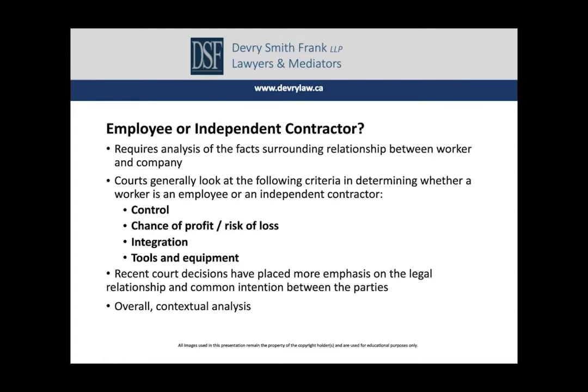Generally, the courts have looked at, and the CRA does consider, the following criteria in determining whether a worker is an employee or an independent contractor. Those 4 criteria are control, chance of profit or risk of loss, integration, and tools and equipment, and I'll be going into a little bit more detail of those in the next slide.